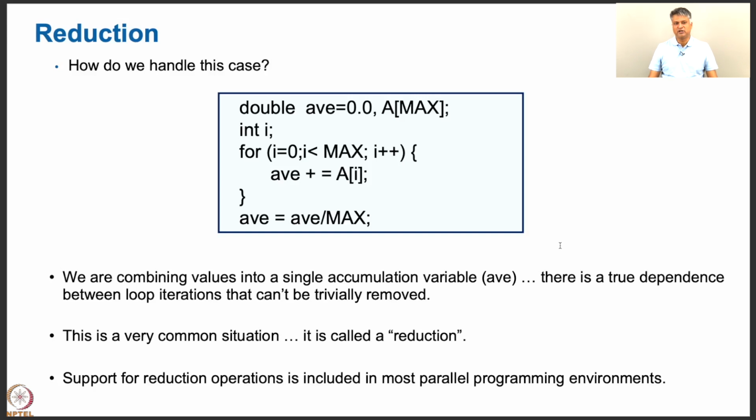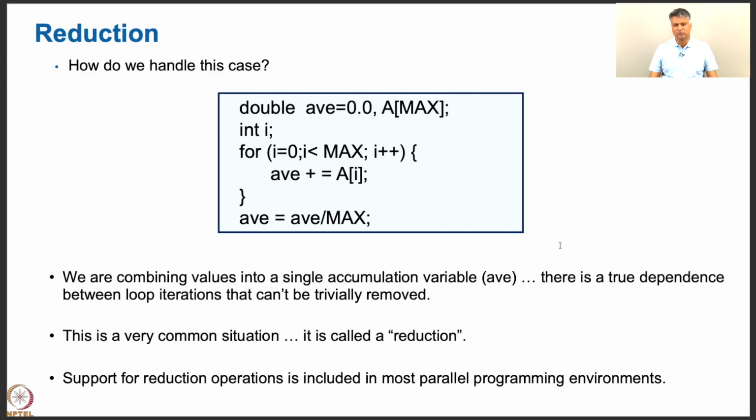So what we are essentially doing is that we are accumulating the value of all of these individual elements into one variable. Now, obviously there is some sort of loop dependence, because AVE can be computed only by subsequently adding each and every value of each index.